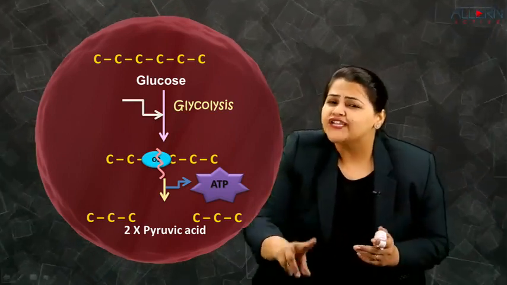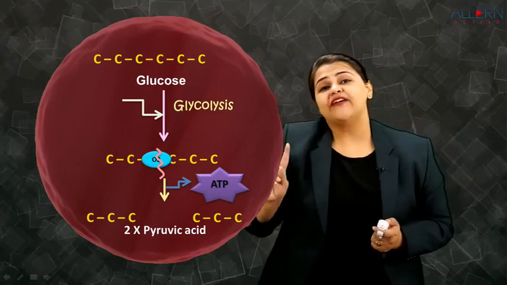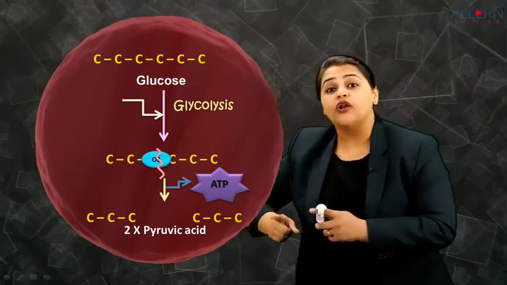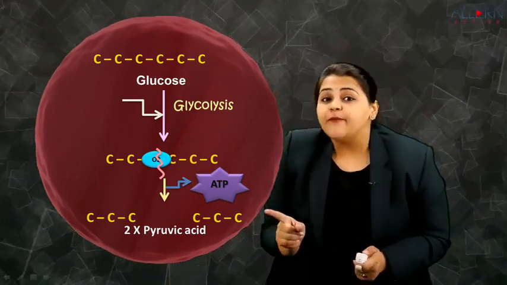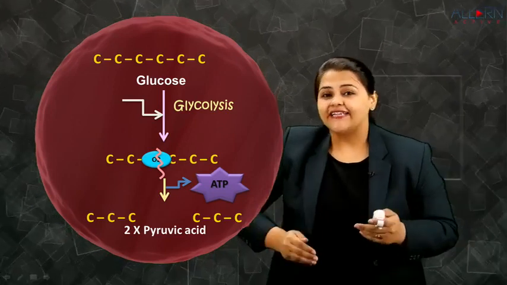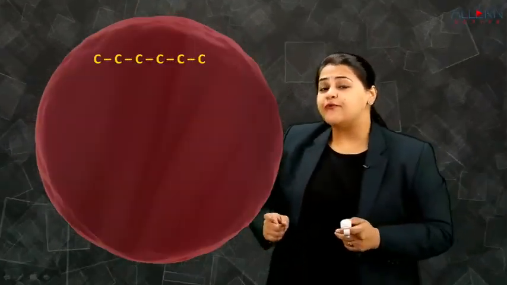Well, we get 2 molecules of pyruvic acid. And in this entire protocol, we get ATP molecule, which is nothing but a direct energy. Now, this entire thing is also going to produce indirect energy.